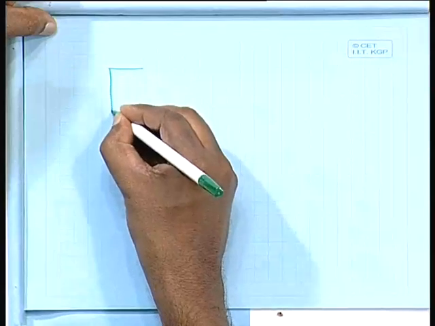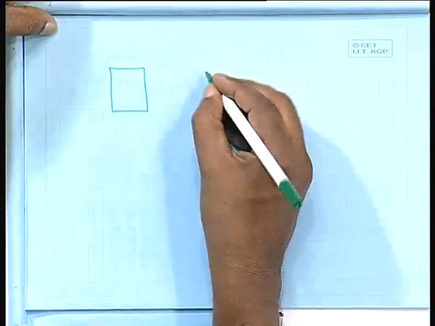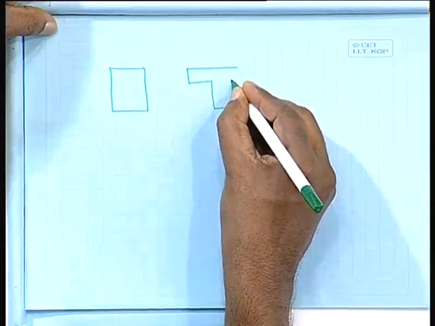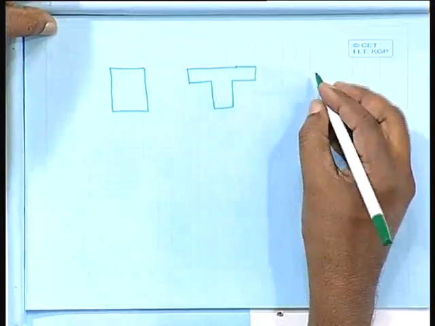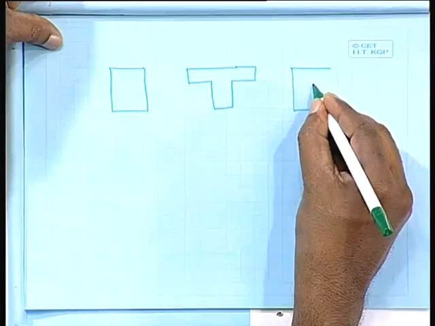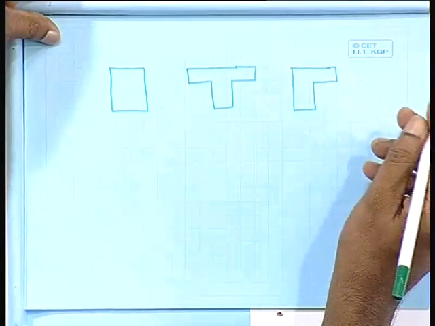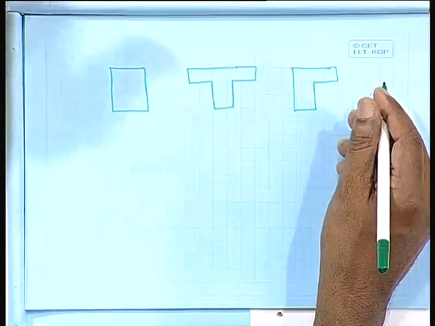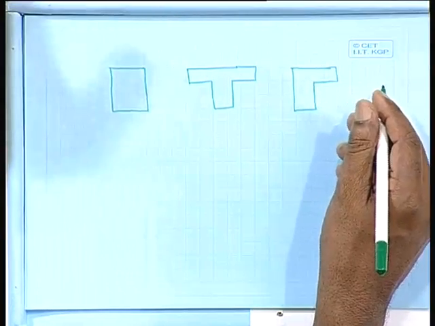This is one part. The second part is that not necessarily will your section be a simple rectangular or T beam or L beam. Not like that. Sometimes you have to design a section which may have some different shape.